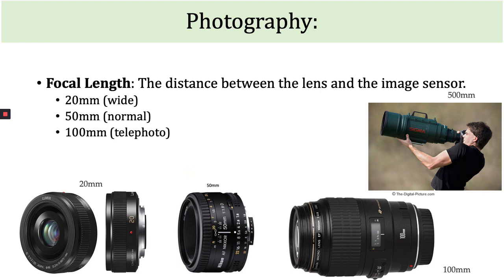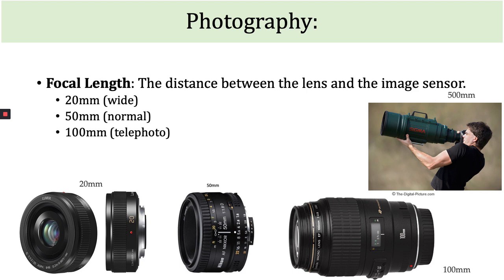Taking a look at the first element, it is the focal length. The focal length is the distance between the lens and the image sensor. And so the smaller the distance to the image sensor, the wider the angle.